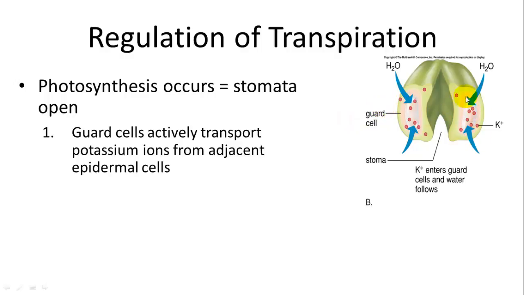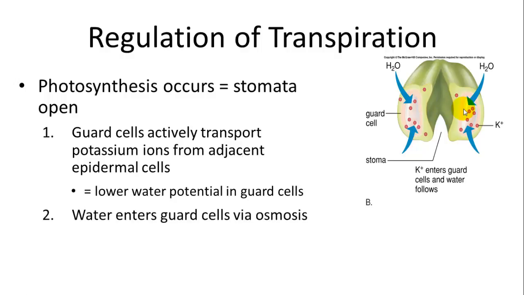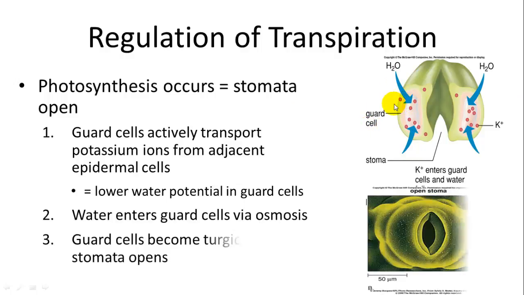So you get all these ions into the cell, potassium, one of them. And that creates a lower water potential in guard cells, and then water will follow those solutes into the guard cells via osmosis. And what happens then, it fills up with water, it becomes turgid, those vacuoles fill with water, and that causes the shape to change into an open position.